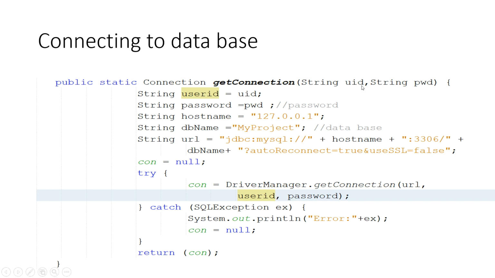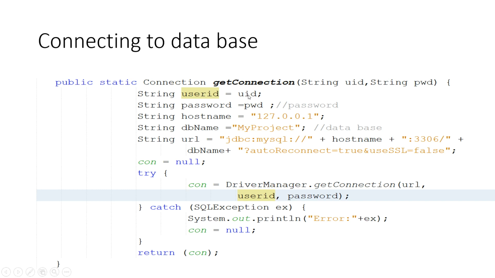It is taking two parameters. One is the MySQL user ID, in my case it is root, and the second one is the password with which the user is going to connect to their database.